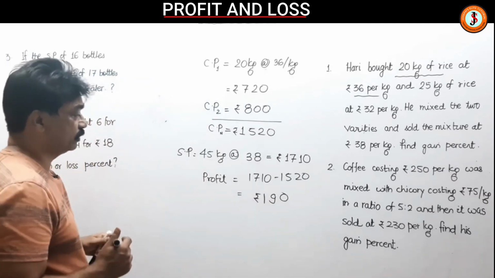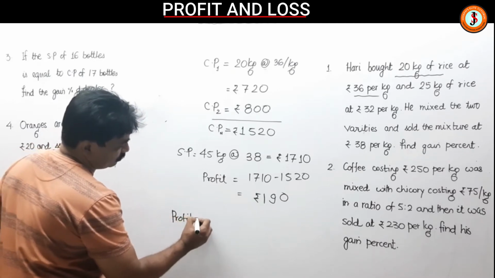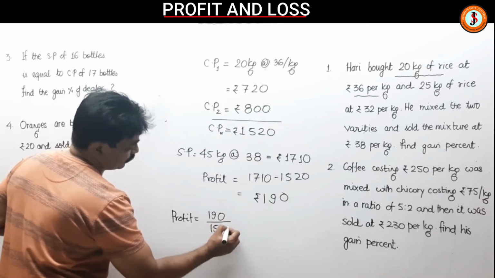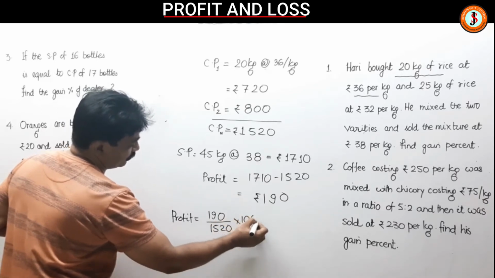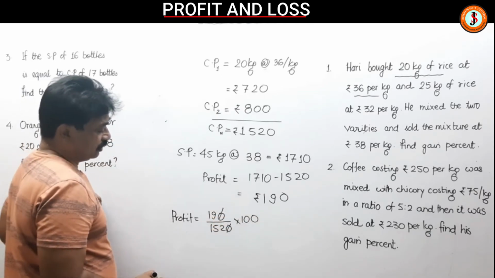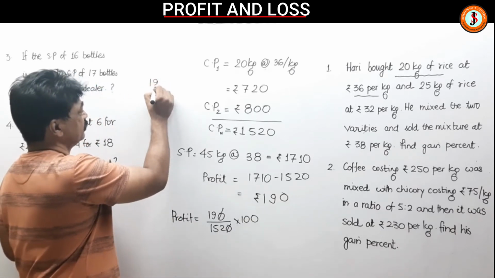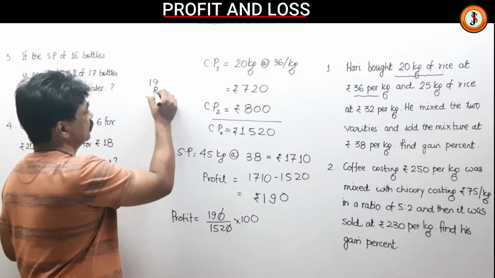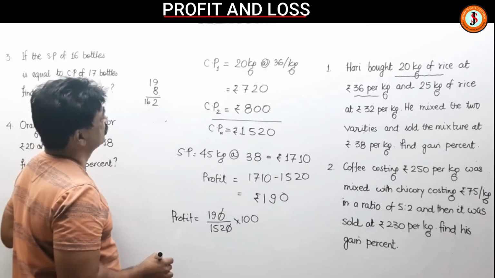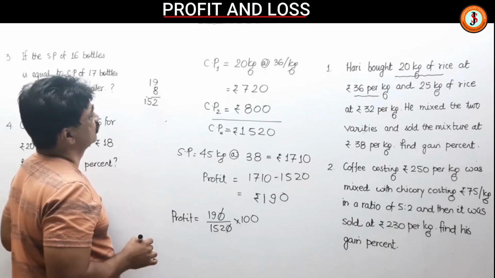So what is the profit percent? Profit percent will be profit by CP into 100. Now this 0 and this 0 cancel. 19 8 za, let us see. So 152, 150.